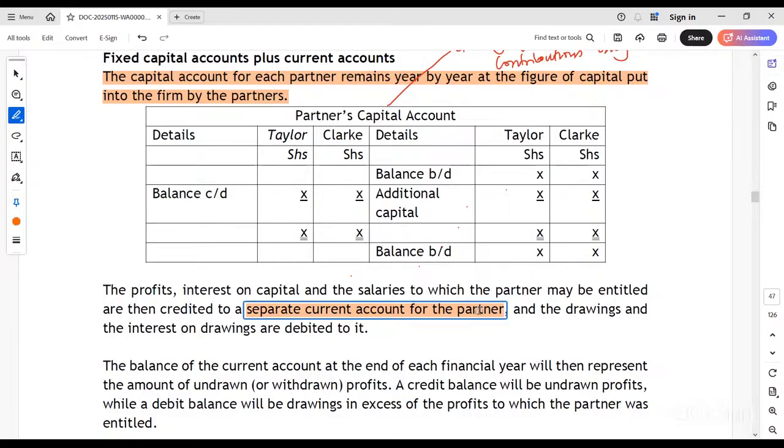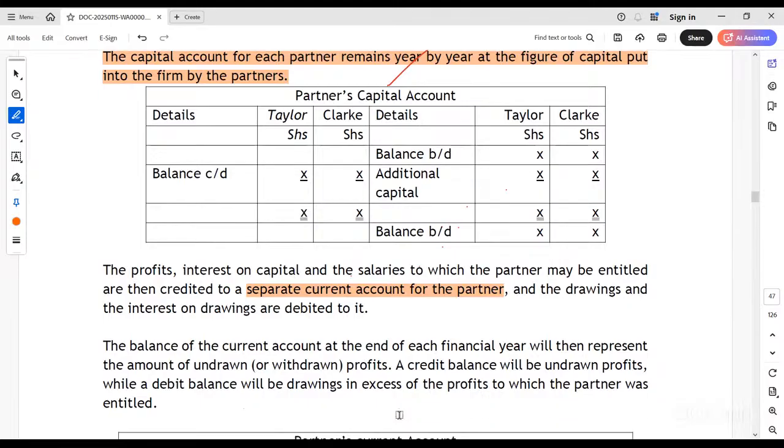That is the capital account, which records capital strictly, and then they will also prepare what we call the current account. So the balance of the current account at the end of each financial year will then represent the amount of undrawn profits. A credit balance will be undrawn profits, while a debit balance will be drawings in excess of the profits to which the partner was entitled.